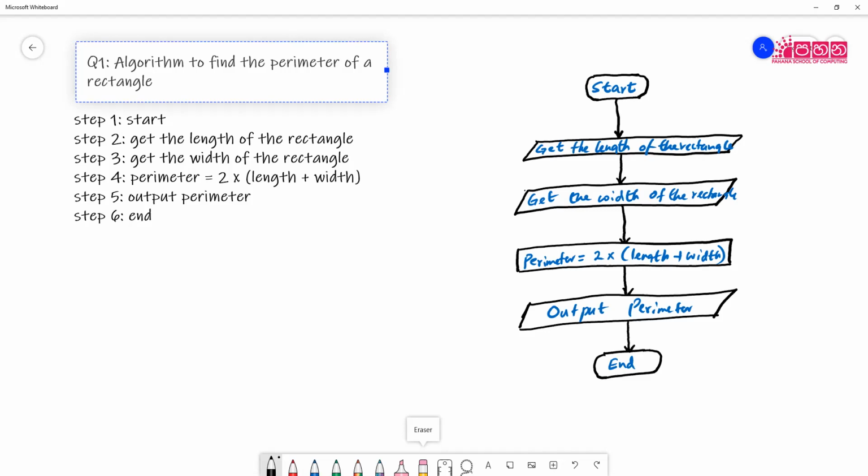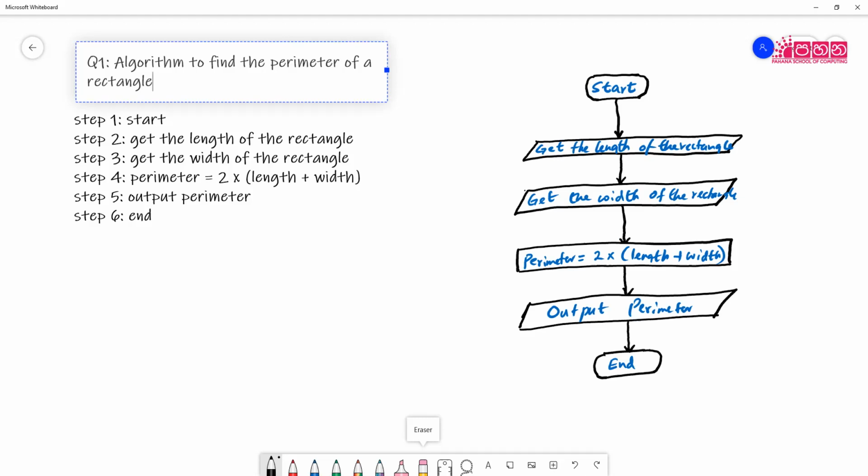Now things to note here: we will use the same shape of block to represent start and end. And we are using the same shape for input and output, right? Parallelograms in this particular case for getting the length and width as well as output the perimeter.